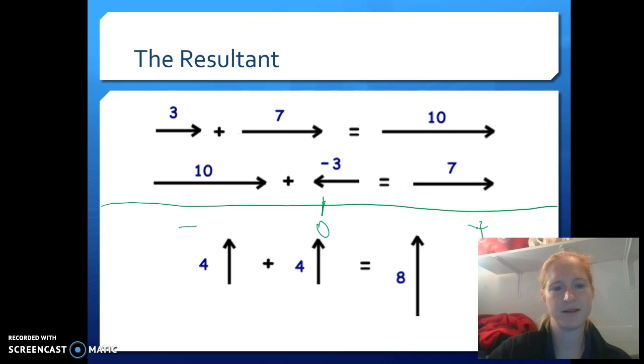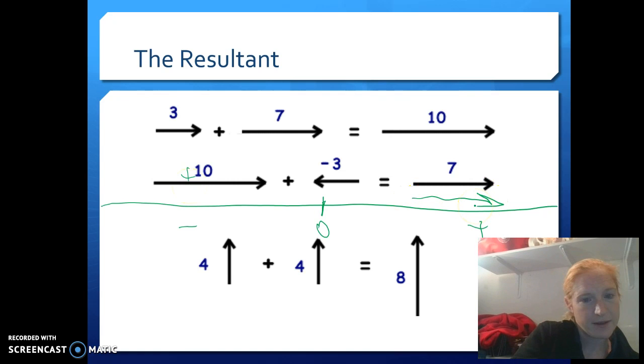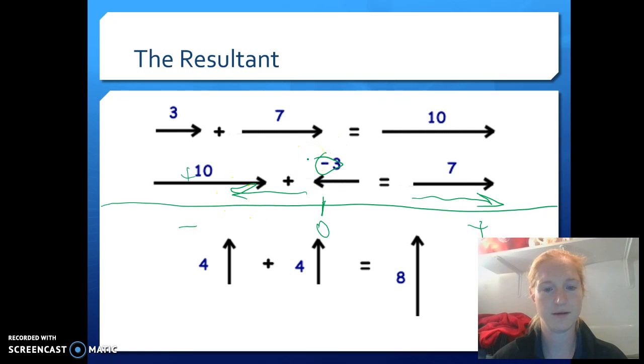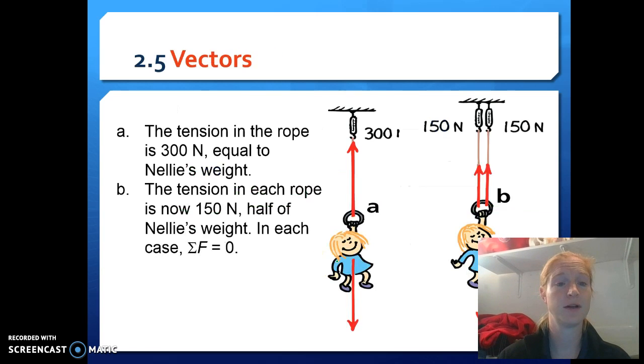Everything going in the positive direction is positive. If it's going in this direction, it's negative, just like they show there. Same situation with up and down. Up is a positive direction, down would be a negative direction.